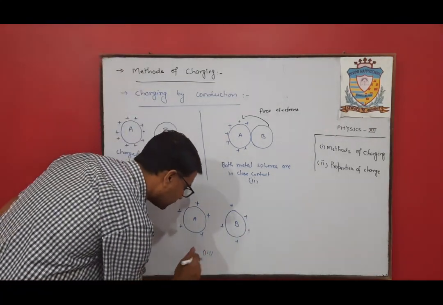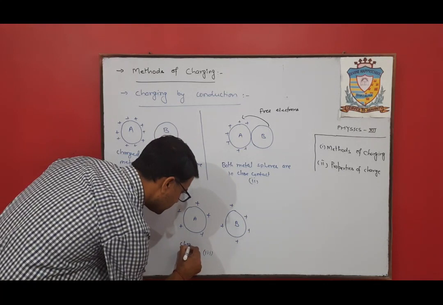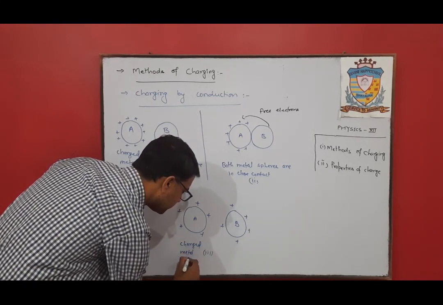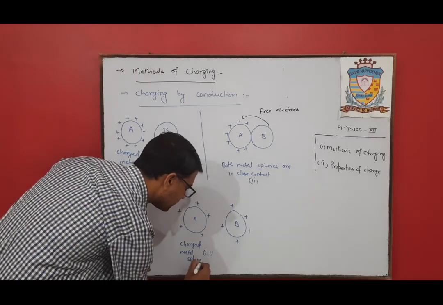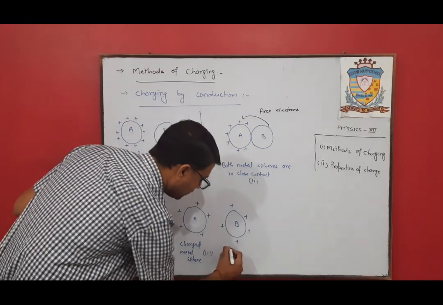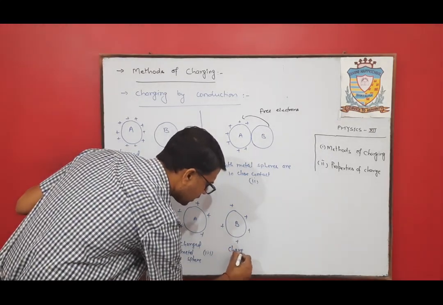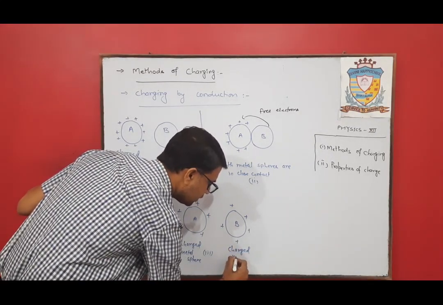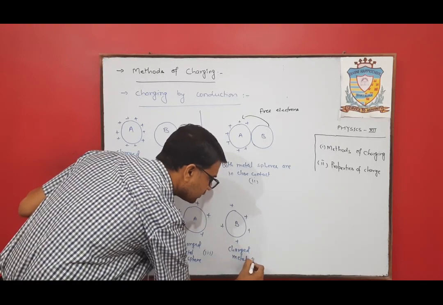So here A is a charged metal sphere and metal sphere B will also be a charged metal sphere.